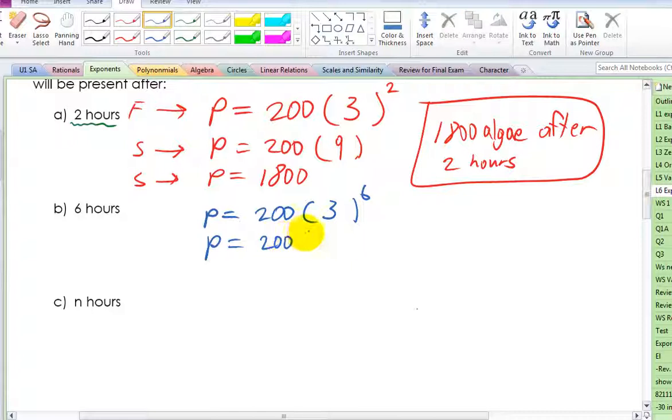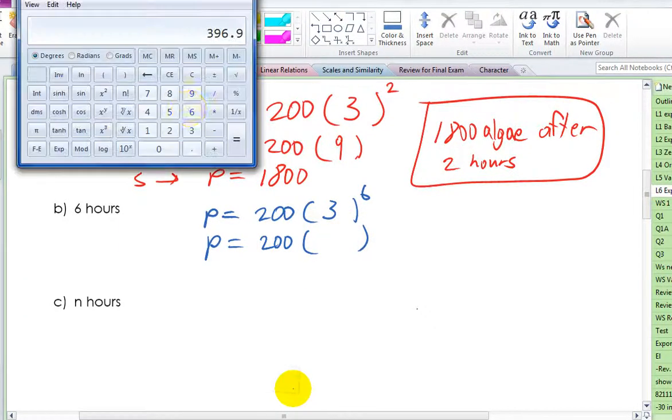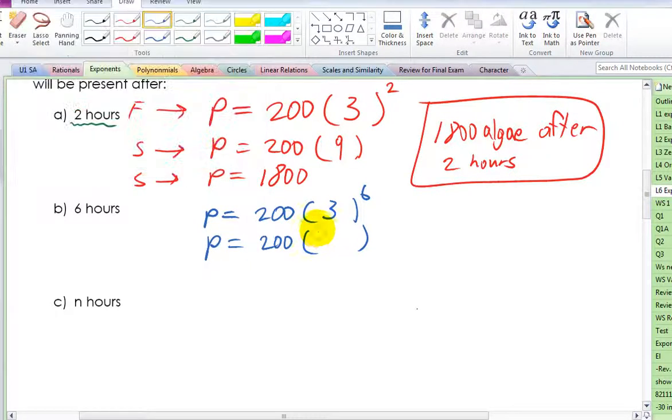So go to your calculator, figure out the value for the power. I think that's a big number, so that is calculator, okay? If it's a small number, it's not a calculator, okay?